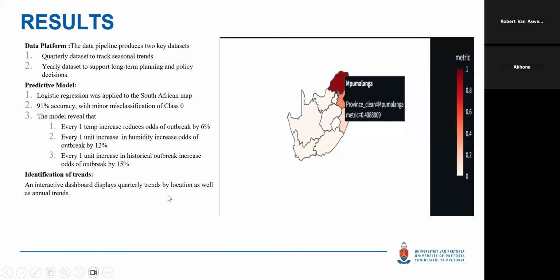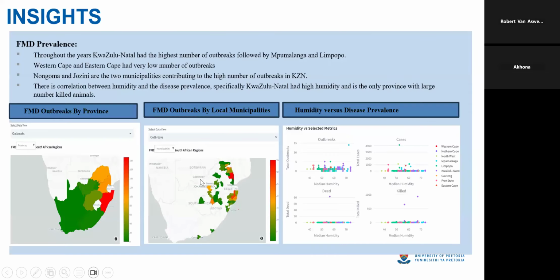And then lastly, the data platform will host the geospatial analysis, which is geoplots. As we can see from the geospatial analysis, KwaZulu-Natal had the highest number of outbreaks, followed by Mpumalanga and Limpopo.